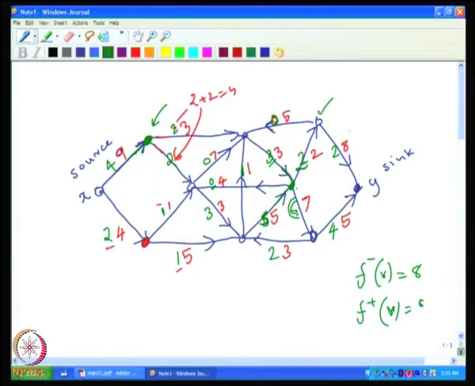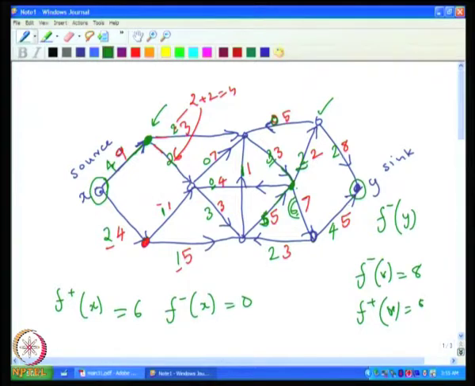While for x this is not true, because there are only outgoing arcs, 4 plus 2, so f plus of x is equal to 6, while f minus of x is equal to 0, because there is no incoming arc at all. What about y? We have f minus of y equal to 2 plus 4, which is 6, and f plus of y is equal to 0, because there are no outgoing arcs here.